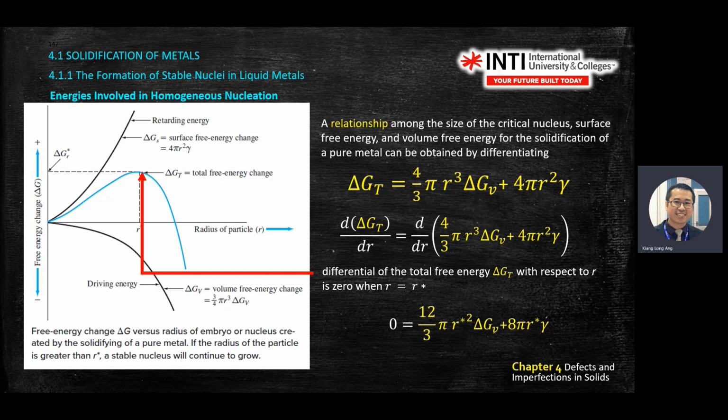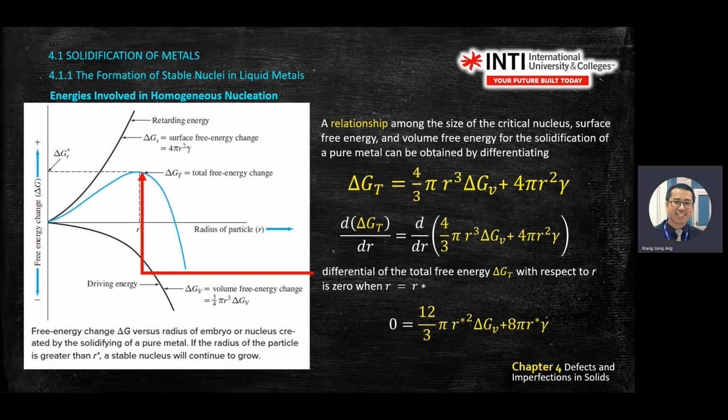Then you differentiate with respect to r: this becomes 3r squared, and you rearrange. The r here becomes r star, the critical radius, because you want to find the optimum point of the curve, where it becomes 0.